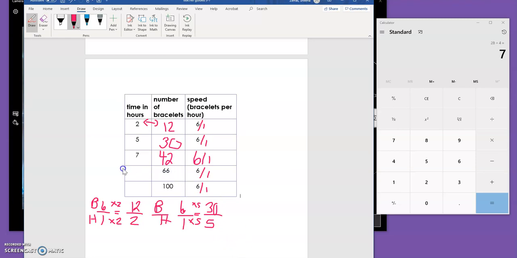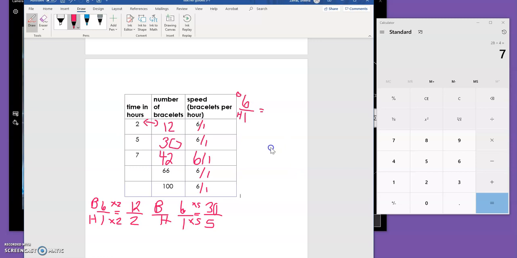Right. The next set of empty boxes, we are going to figure out the amount of time. So this will not be done by multiplying. Again, I'm going to set this up by writing my fraction. So my unit rate here is 6 over 1, where 6 is bracelets and 1 is hours.